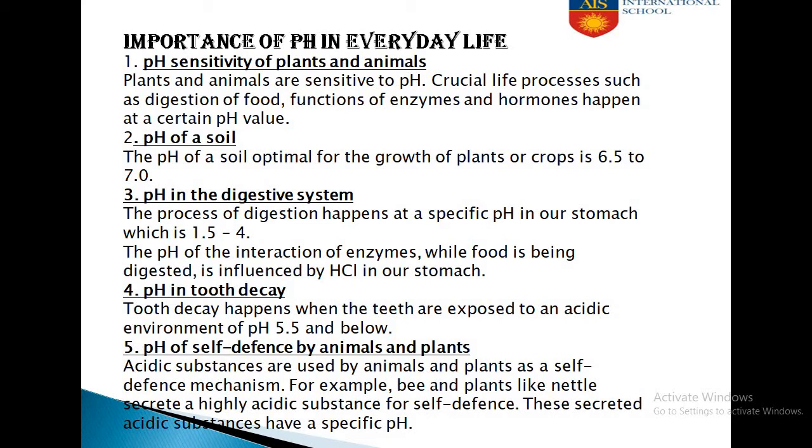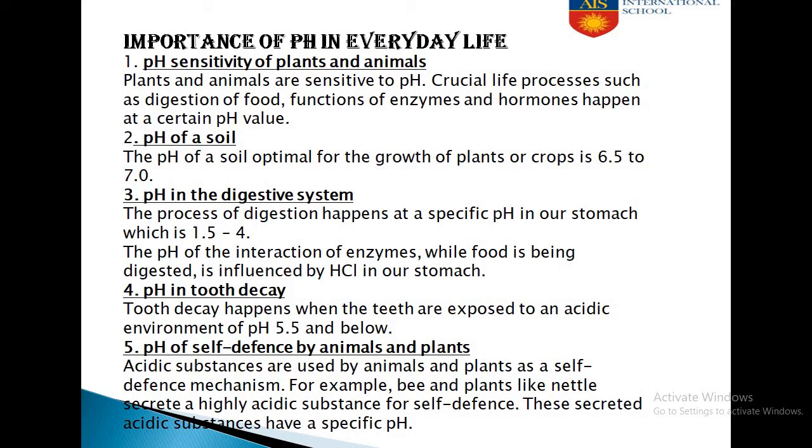Now pH also helps in the self-defense system. The skin has sebaceous glands, and the sebaceous gland secretes sebum, which has an acidic pH, which kills the germs present on our body.